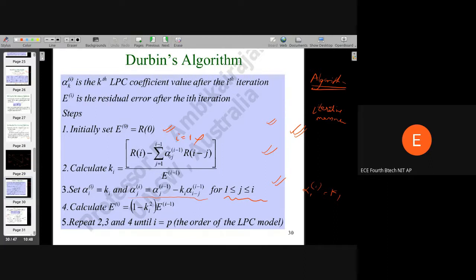That means you can use this term now; for I equal to 2 this term is also valid and comes into the picture. So K2 equals R of 2 minus, j equal to 1 to 1, that means j equal to 1, alpha 1,1 and R of I, which is 2, minus j.